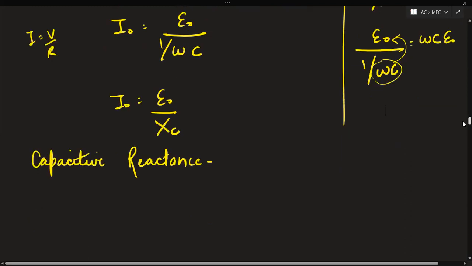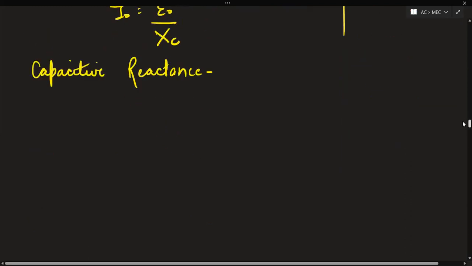The way you had XL, what was the function of a resistor in the case of circuits containing only a resistor? The resistor offered opposition to the flow of charges, or the motion of the charges. In the case of a circuit containing only an inductor, inductive reactance did the work of opposition. Here, in the case of capacitors, capacitive reactance provides the effective resistance.